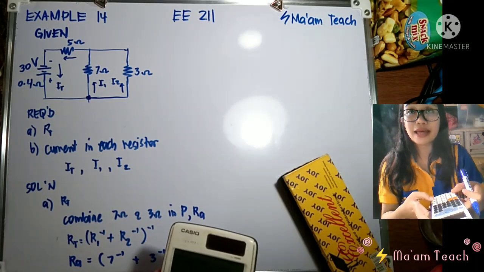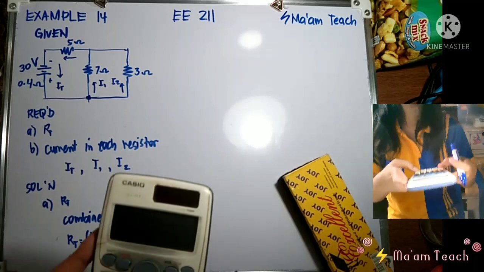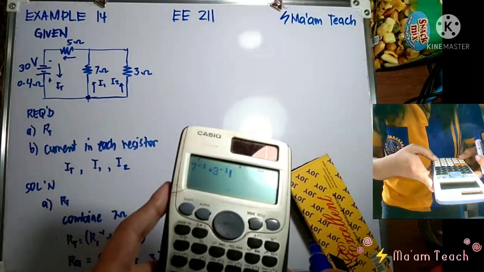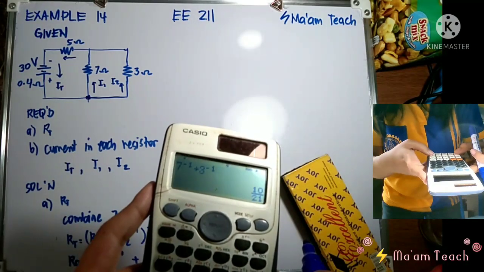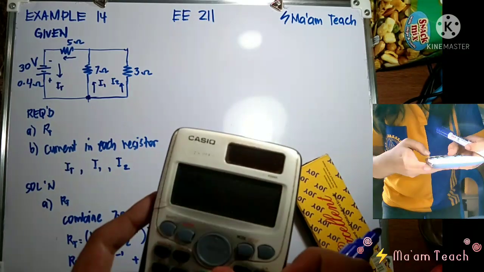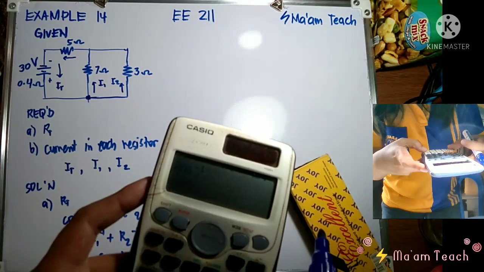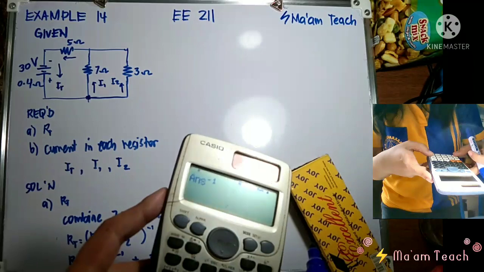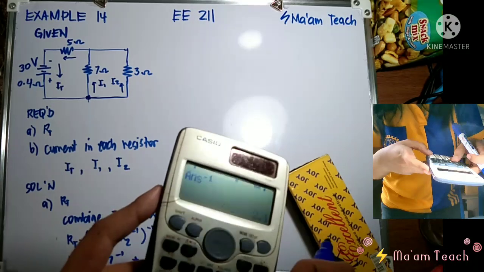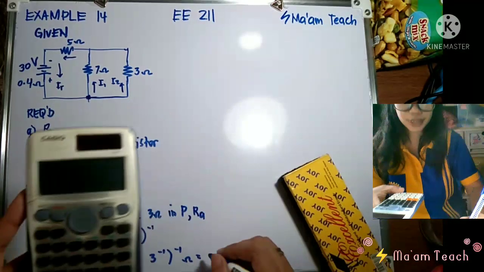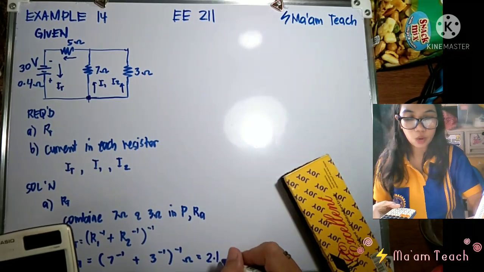Can you see it? And the answer will be raised to negative 1. And so the answer is 2.1. So the answer is 2.1 ohms.